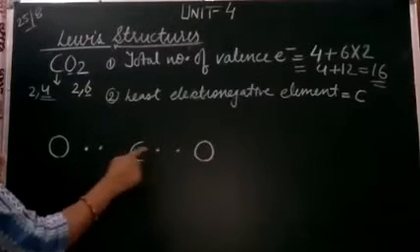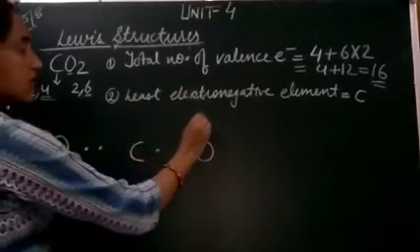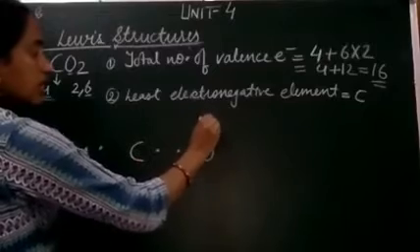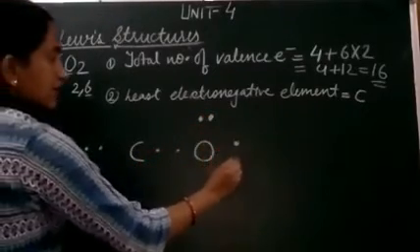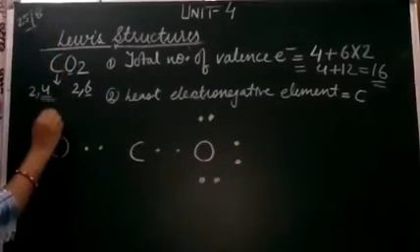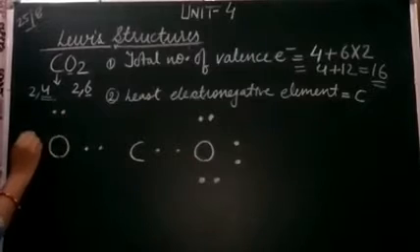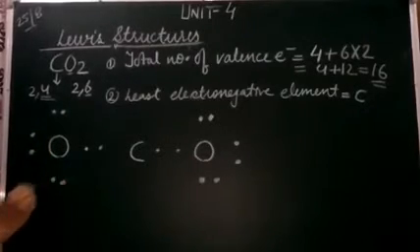Now how many electrons are given away? 4 electrons are being used up. So the remaining we will put in this way. So this is 4, 5, 6, 7, 8, 9, 10, 11, 12, 13, 14, 15, and 16.